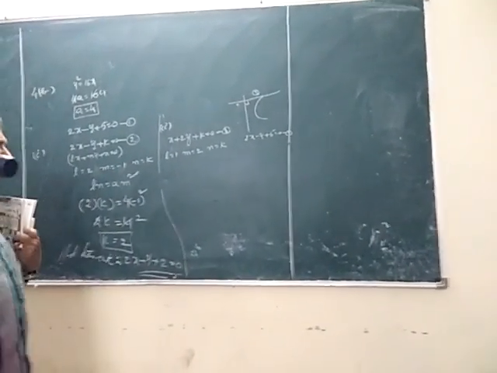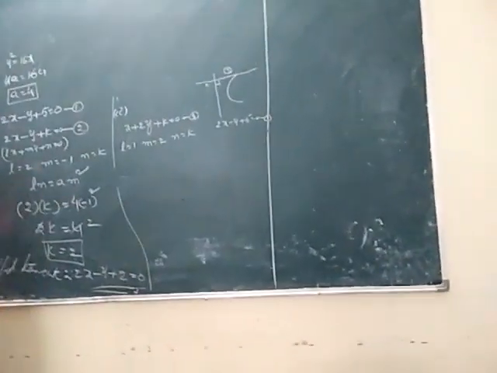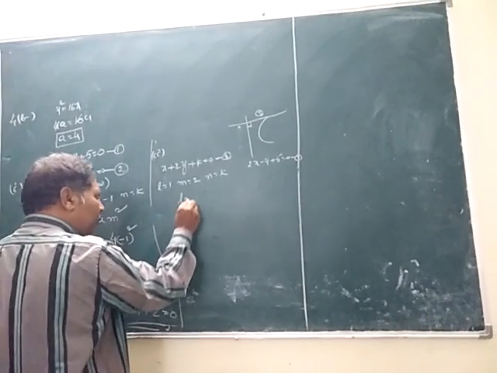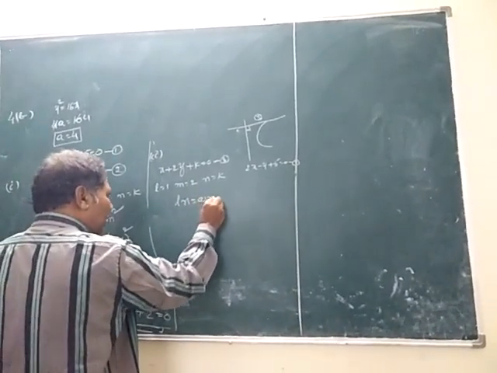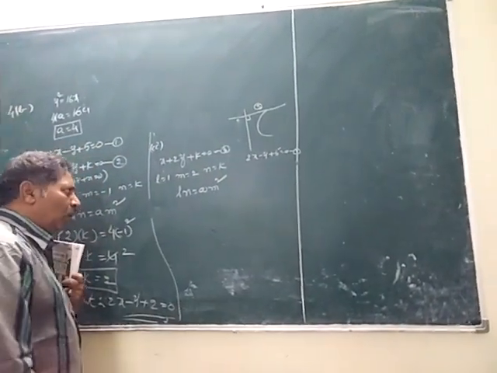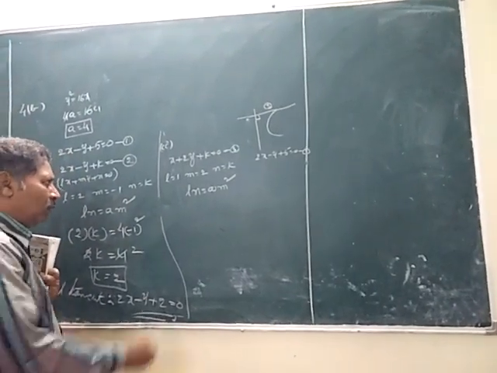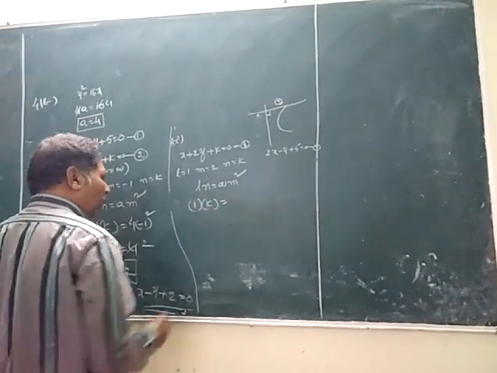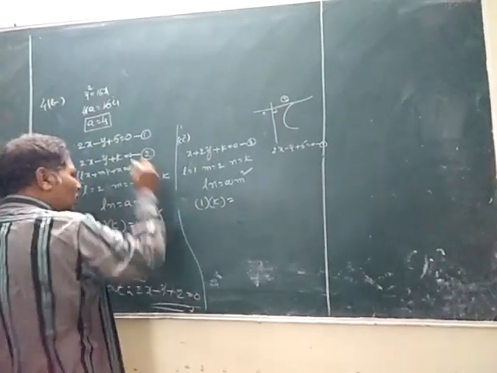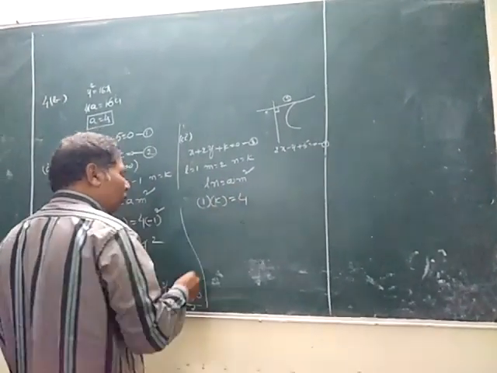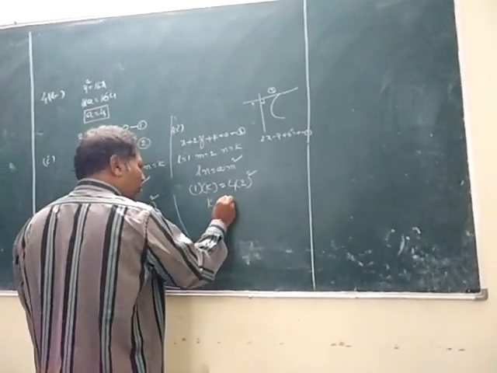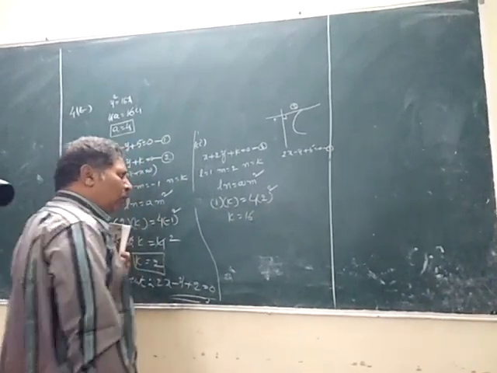Tangent condition is ln equal to am square. L value 1, n value k, a value 4, m square value 2 square, k value 16.